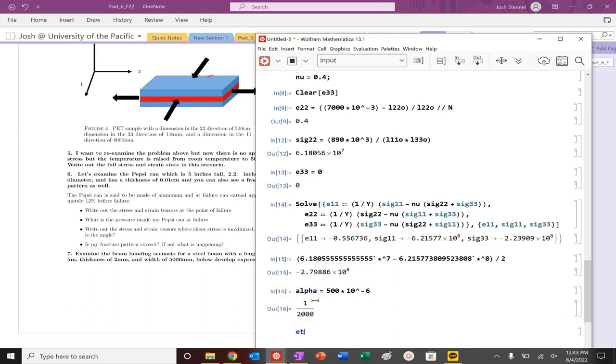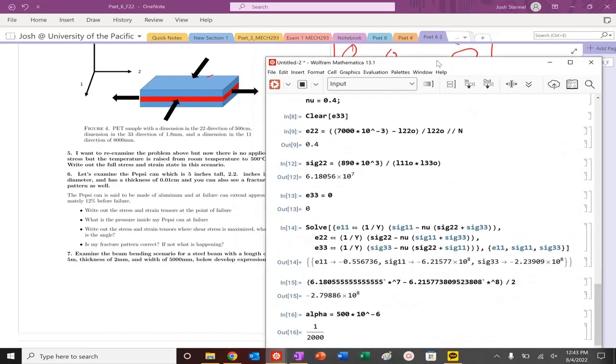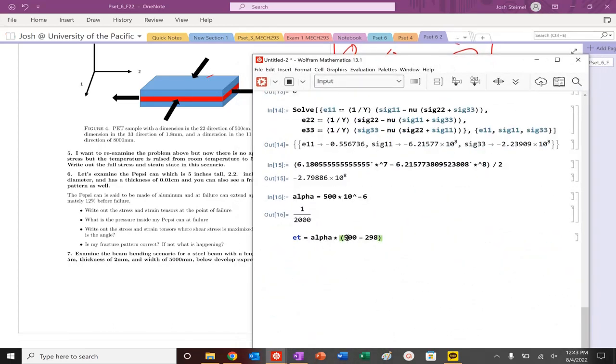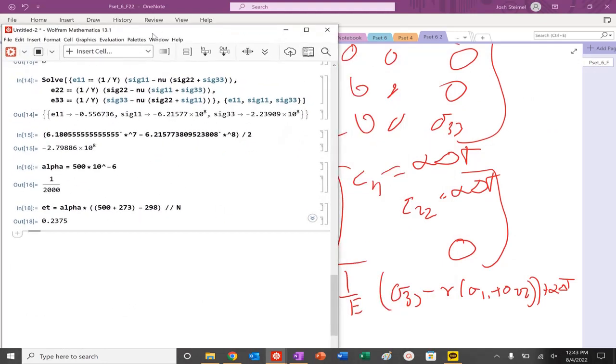So that's my alpha, so epsilon T is going to be alpha times the final temperature minus the initial temperature, from room temperature: 500 C, so basically 500 plus 273 minus 298. That will be my thermal expansion. So that is my epsilon T. That is equal to my epsilon 11, my epsilon 22.